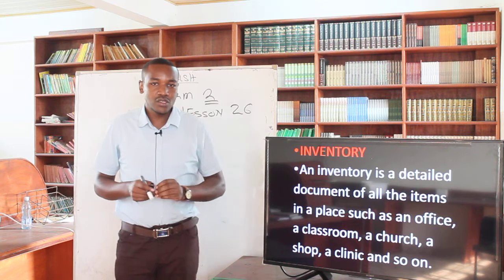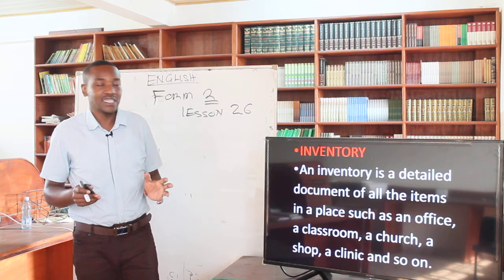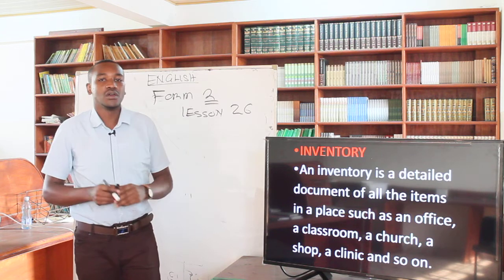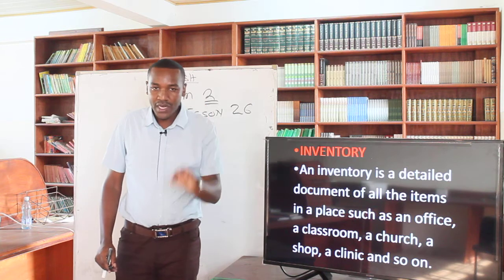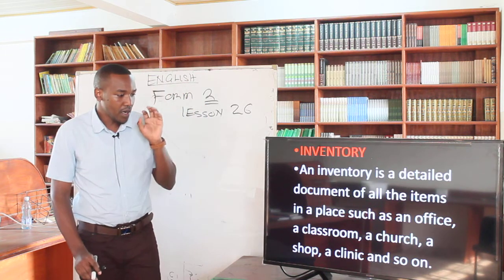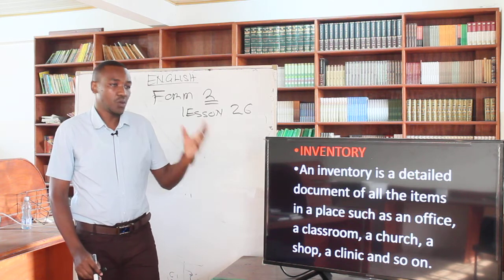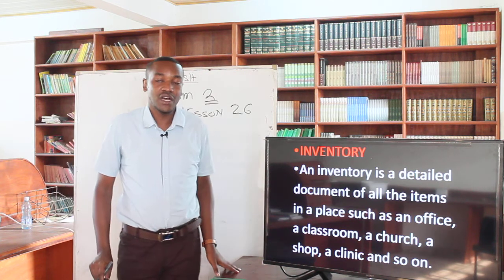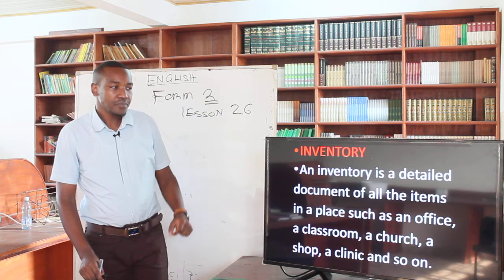Remember, every organization, every institution, or even every person has things or property that are attached to you or that organization. This document where we record the amount of the things we have, the property we have, is called an inventory, or sometimes referred to as a stock card. I think you've seen this.